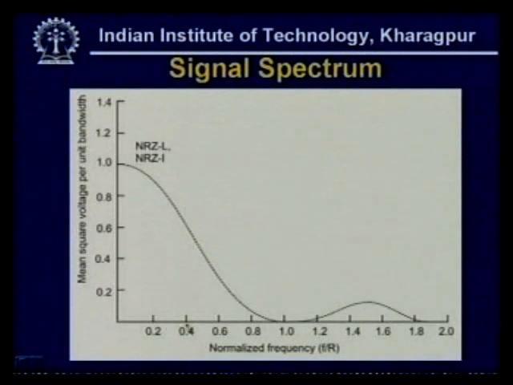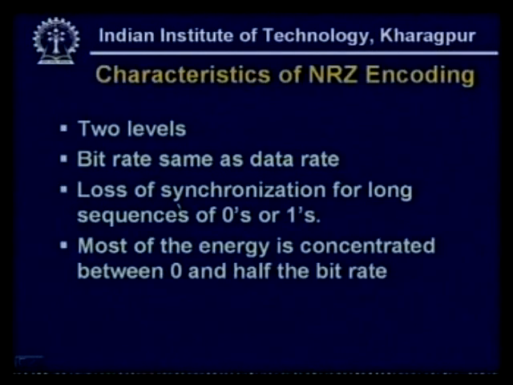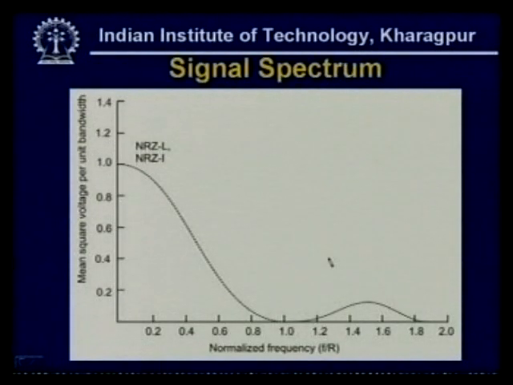So here we find most of the energy is around this region, half of the bandwidth. That means this is one, this is the bandwidth of the signal. We can see here most of the energy is between DC and the middle point of the signal around 0.5. So most of the energy is concentrated between 0 and half the bit rate. So these are the characteristics of the NRZ spectrum, NRZ encoding, both NRZ-L and NRZ-I.